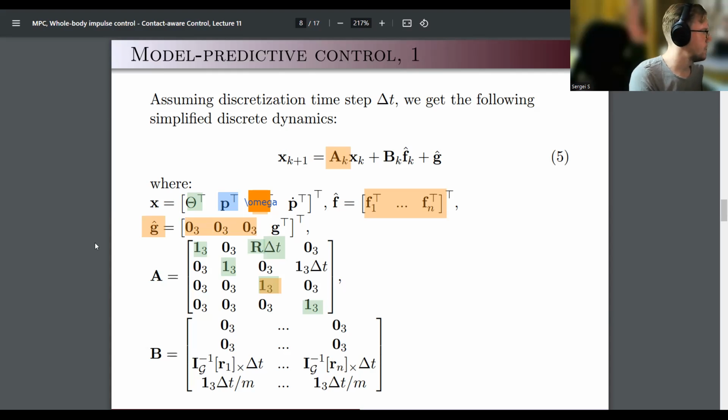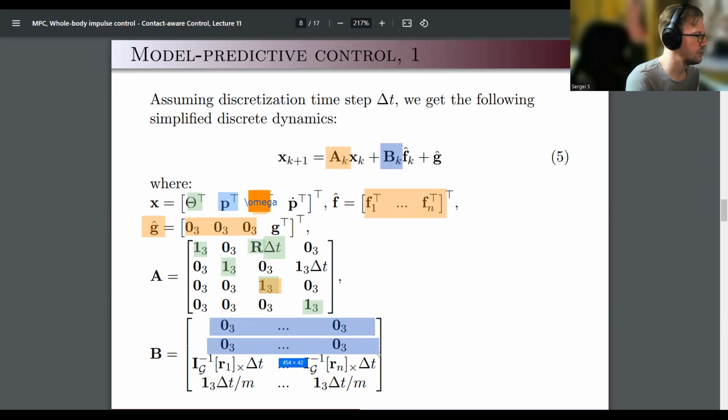Now let's look at the control matrix, which we use to move forward our MPC. So what is here? Well, this matrix has rows of zeros here and here. What do those indicate?